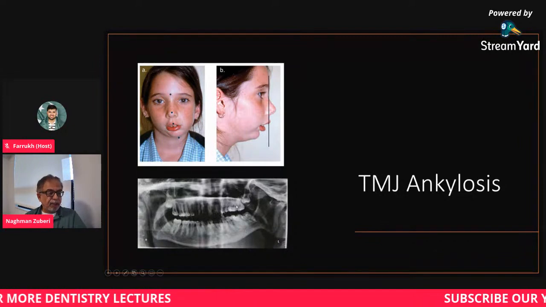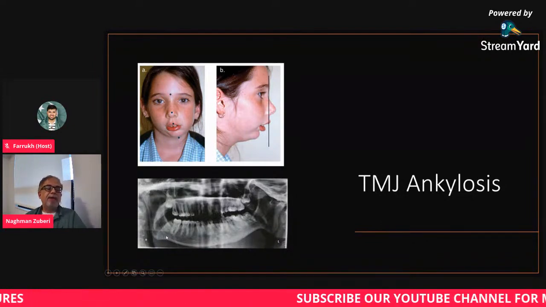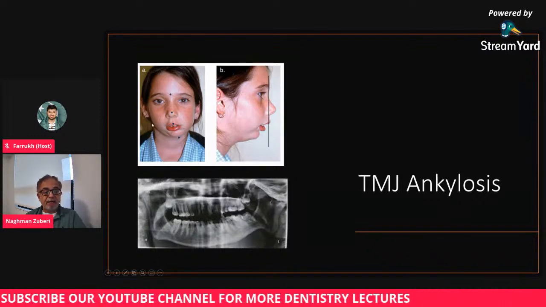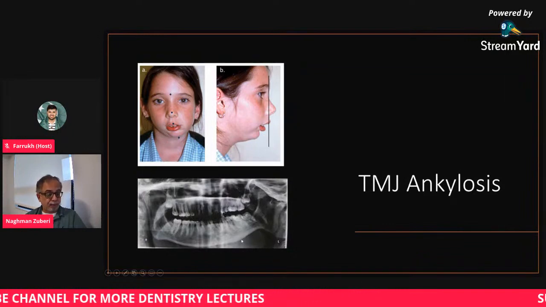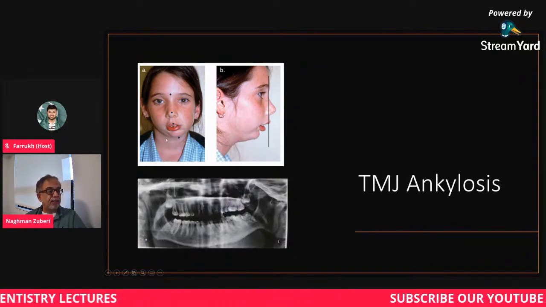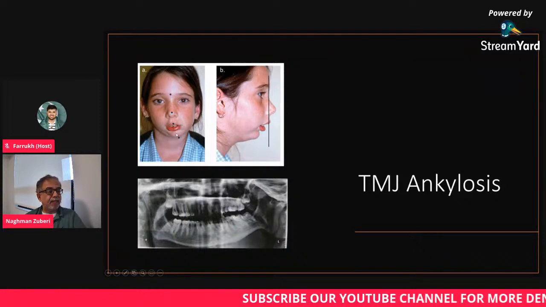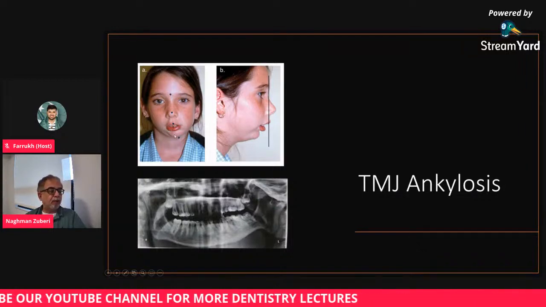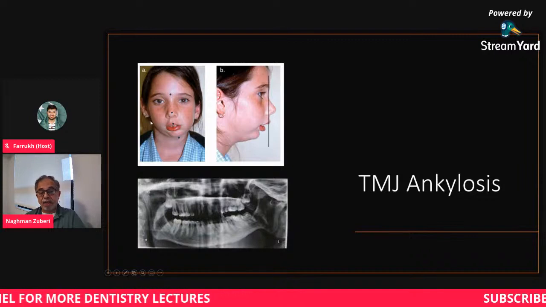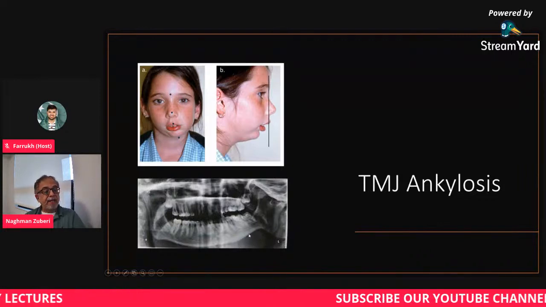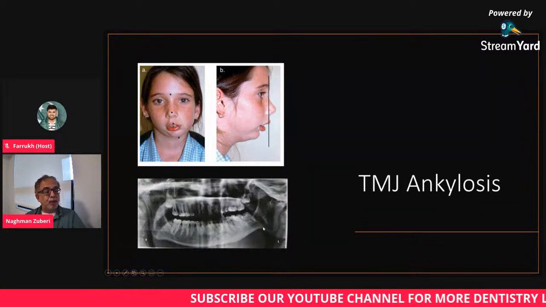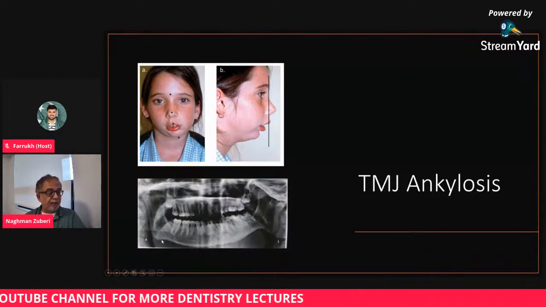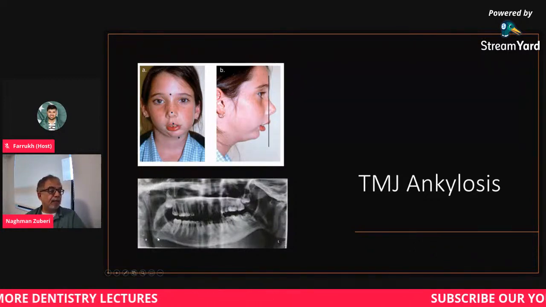Always go for their x-ray examination, as well as you must check their facial appearance, and you must palpate the lower border of the mandible. Ask the patient to open the mouth, and you can see that there will be a deviation upon opening. There will be definitely a limited amount of opening, but upon opening, the deviation will always be towards the affected side. And even on the X-ray, we can see the antigonial notch is quite pronounced because there is lack of development on the affected side, whereas the other side will have a normal appearance.